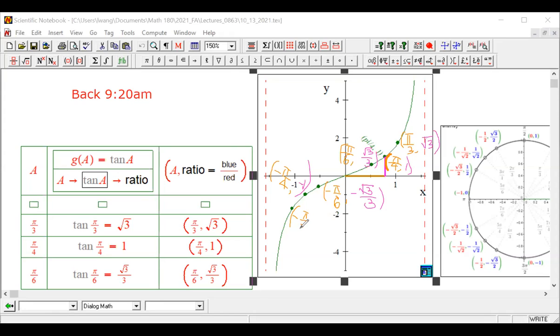What would be the no-fly zone on the unit circle? I want you guys to think about it.